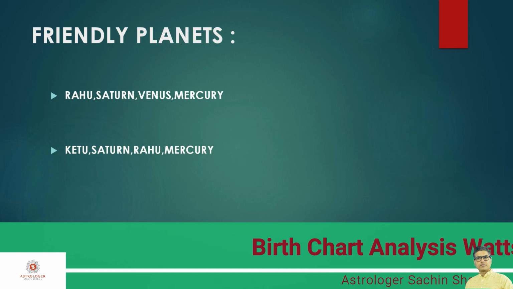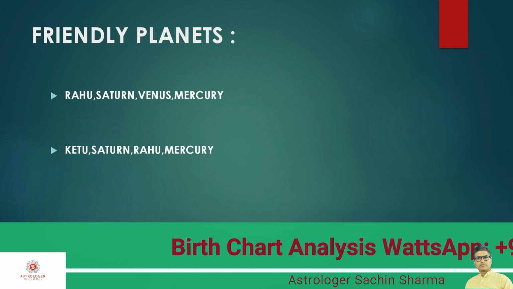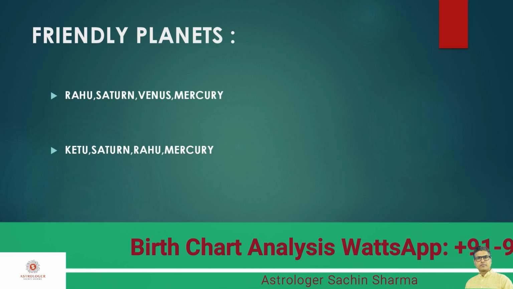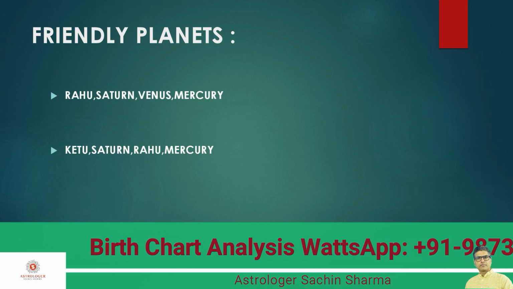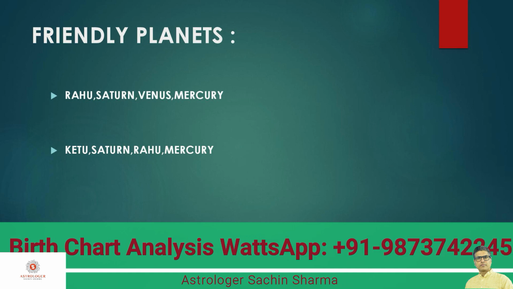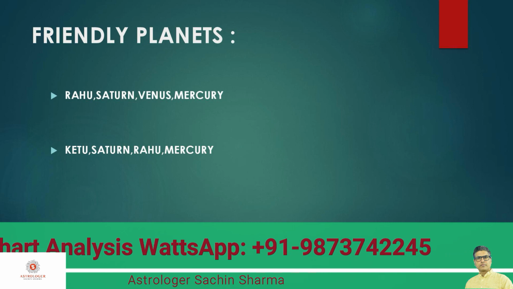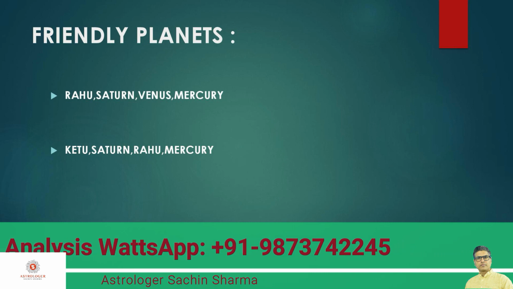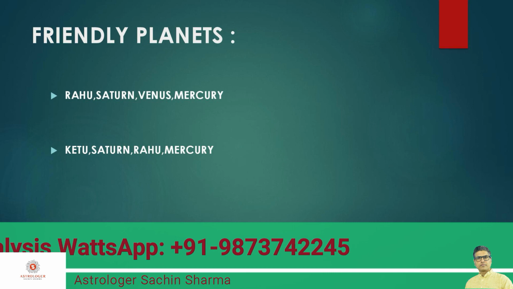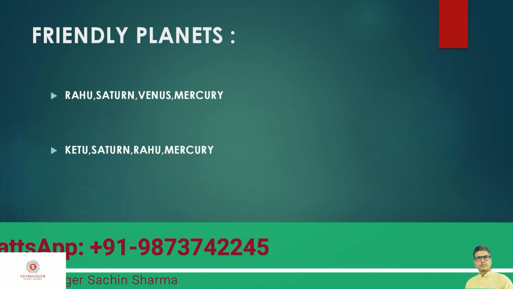As per my experience, analyzing thousands of birth charts, when Venus and Ketu are placed in the same house, or Ketu is placed in the house of Venus, it gives a negative impact. Therefore I consider Ketu and Venus as enemy planets.